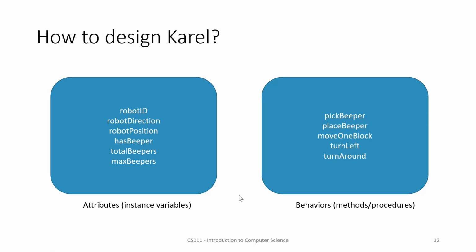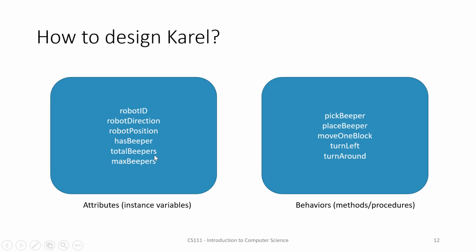So how do we design Carol? We have to think about Carol's attributes. In other words, what are the instance variables that define Carol? It's the robot ID, and the direction, which could be east, west, north, or south. Robot position is given as a point with x and y coordinates. Has a beeper is a Boolean variable that is either true or false.